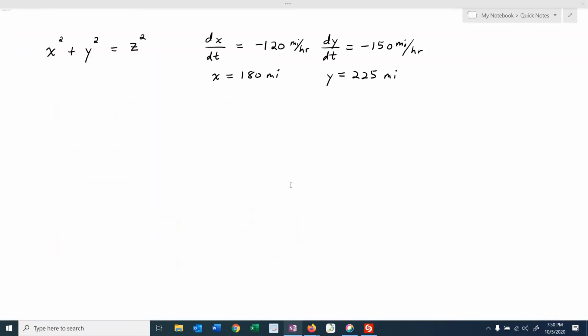Okay, so let's work out this problem. So again, when you have a related rates problem, write down the rates that are given, right? These are the two that are given, dx/dt and dy/dt. And then the one we're trying to solve for is dz/dt.